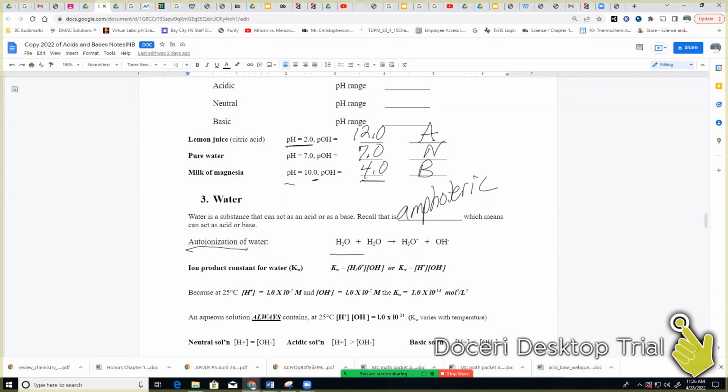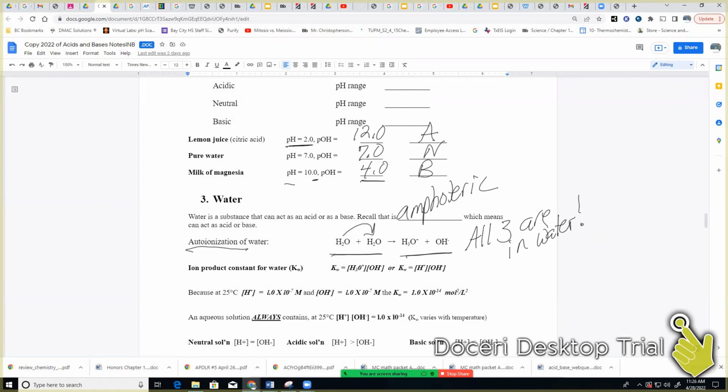So what is happening, I have some water molecules. One of them is acting as an acid. One of them is acting as a base. And I end up getting some of my hydronium and hydroxide ions. These all three are in water. So the water we drink has some hydronium and hydroxide ions. The reason it's not acidic is because they're usually very low and they're equal to each other.